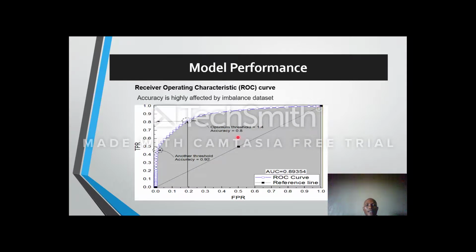When the ROC is giving us a threshold, the accuracy is giving us something different. An example is what we have here. The threshold for ROC here is saying 0.92, and the threshold for accuracy is telling us 0.8 for the same data set.